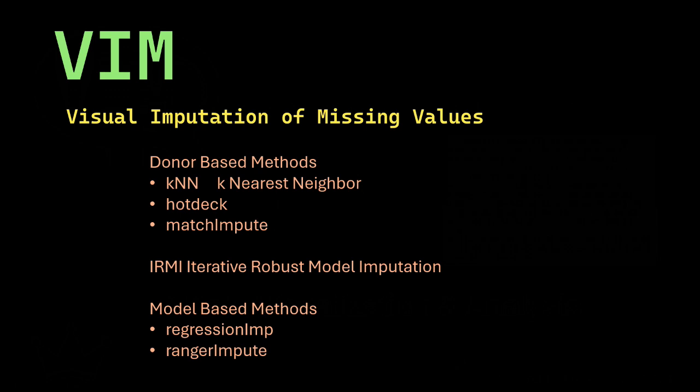The donor-based methods are k-nearest neighbor, hotdeck, and matchImpute. Then the model-based methods are regressionImp and rangerImpute. These all make much more sense than just doing the median or the mean. They actually take into account the other data and return an imputed value based on some calculations on it.